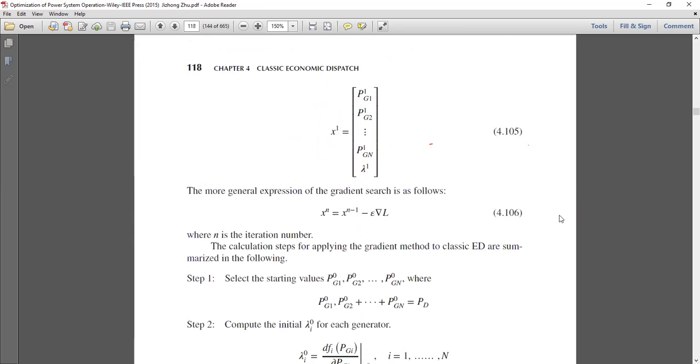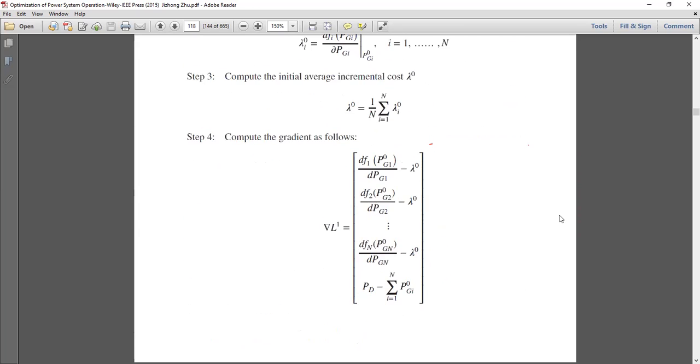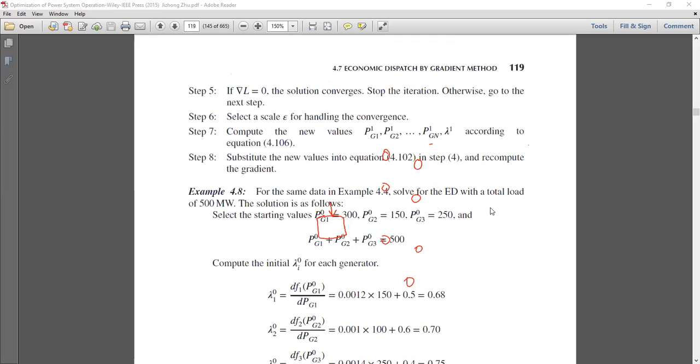So we are applying equation 4.102 at step number 4, and this is your first del L1. You are using all the 0 values here, all zeros, and using that, you are calculating the gradient for the next iteration. That will help you to find out the new values of your unknowns.